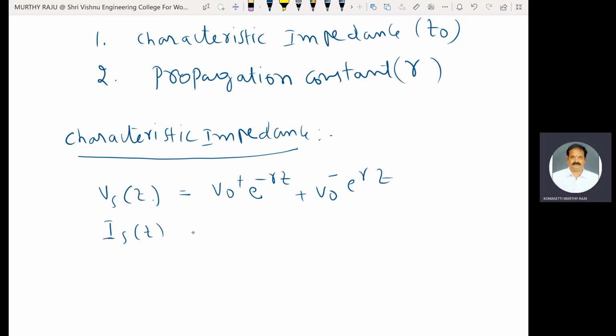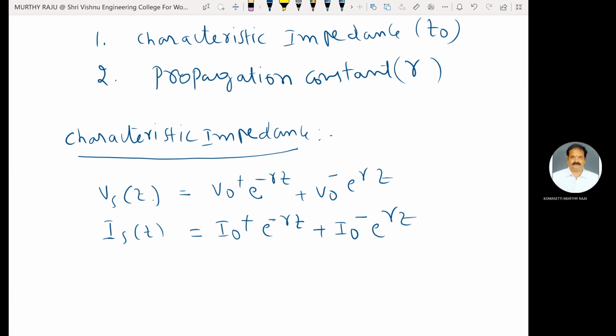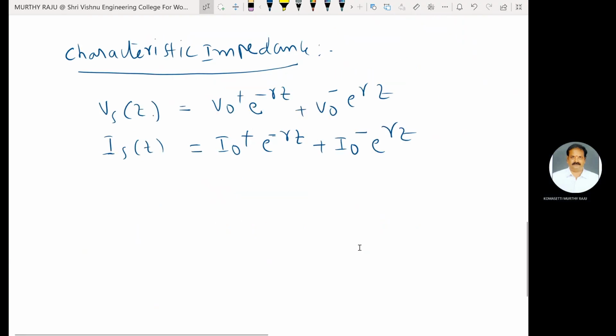Is of z is equal to I0 plus e power minus gamma z plus I0 minus e power gamma z. Consider these two transmission line equations in phasor form for the derivation of the characteristic impedance.